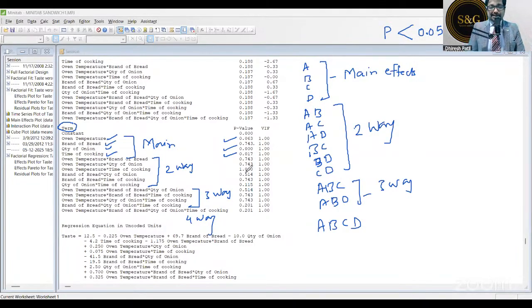Are you observing this? 0.743, 1, 0.5, 0.7, 0.1, 0.5. None of them are significant. So we can eliminate those factors from the model. Are you clear? Just give me a quick yes in the chat box.